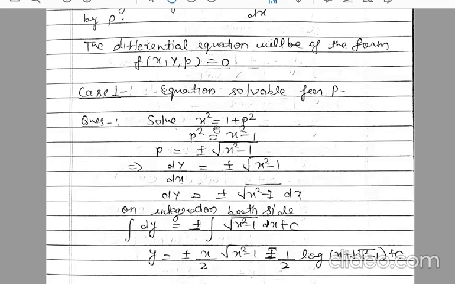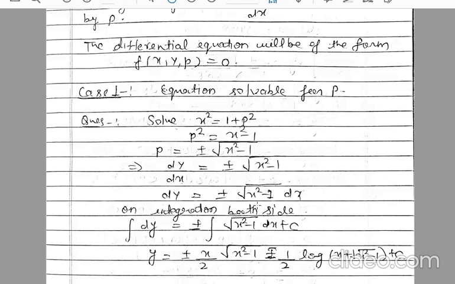So p square is equal to x square minus 1. So p is equal to plus minus square root of x square minus 1. And we know that p is equal to dy upon dx. So dy upon dx is equal to plus minus square root of x square minus 1. Now dy is equal to plus minus square root of x square minus 1 into dx.